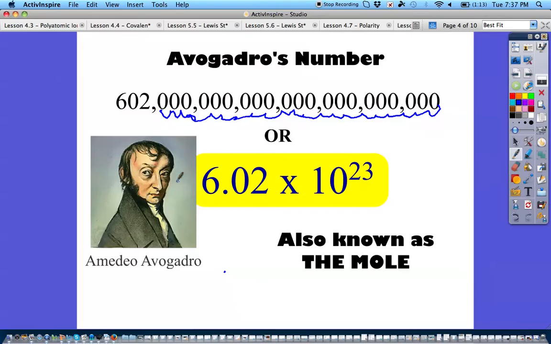But we want something less than 10, greater than 1 in front of our decimal. So 22, 23, and that's how we get 6.02 times 10 to the 23rd. Now we can call 6.02 times 10 to the 23rd Avogadro's number or the mole. Both of those are used interchangeably.